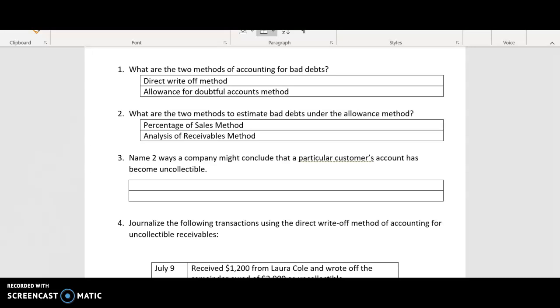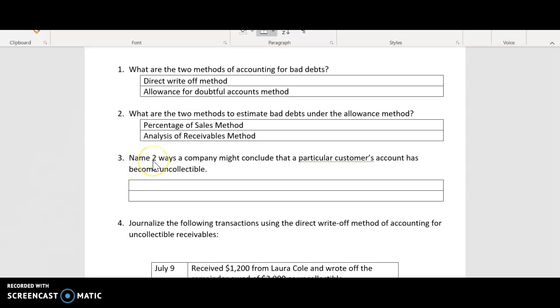So if we want to know how much to make our journal entry for, we find out how much is in our allowance account and find out how much we want it to be now and get the difference, and that is how much we make our journal entry for. So that's the main difference in these two. The calculation here tells you how much to make your journal entry for. The calculation here tells you how much you want in your allowance account. So you have to back into your adjusting journal entry.